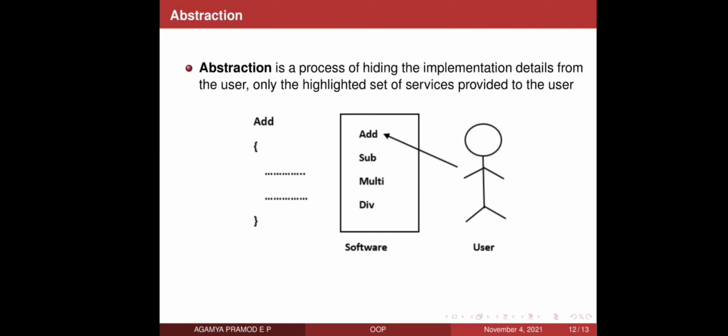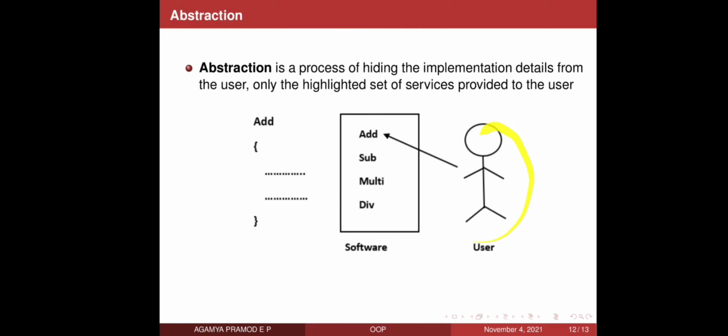Abstraction. Abstraction is a process of hiding implementation details from the user. It only highlights the set of services provided to the user. That is, the figure shows that there is software and a user. The user wants to add two numbers. So, the user clicks a button on the software, that is add, sub, multi, div. There are many buttons given in the software.